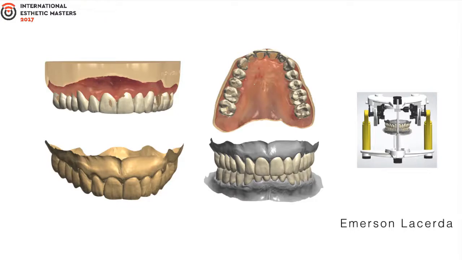The bottom mid-section photos show us the upper and lower arch, so we know all the dentition is correctly positioned. The correction is done by the virtual articulator.